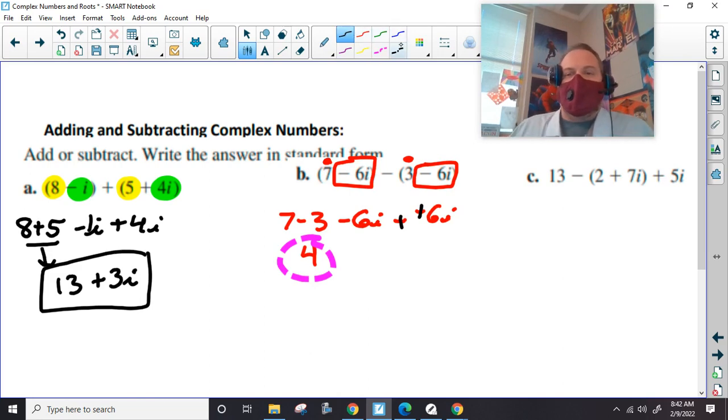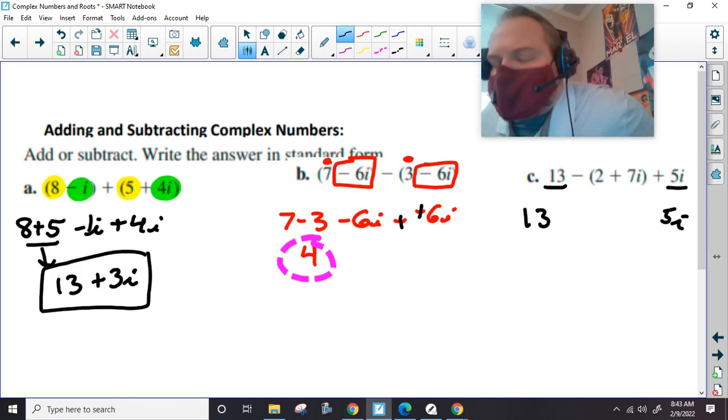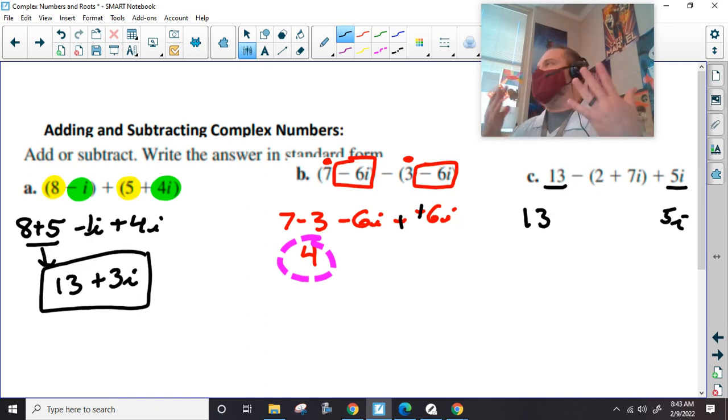Now, number 13, or number C with this one. I'm going to leave these 2 things alone because they don't have anything to do with what's happening right here. All right. It depends on how you think. Some people will do like I would do.